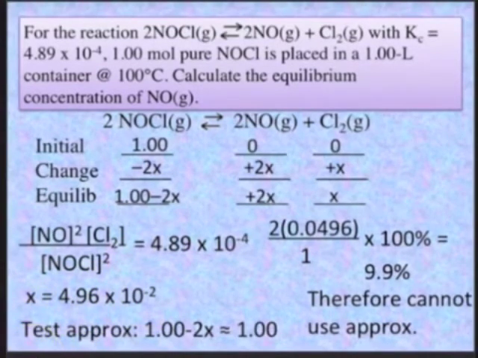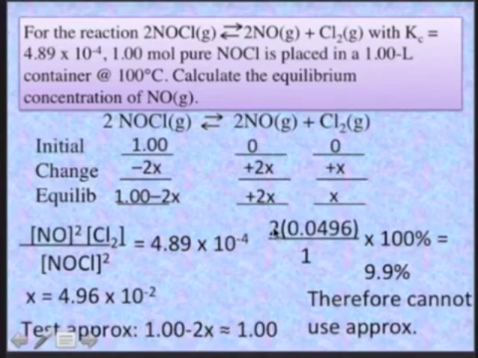To test the approximation, 1 minus 2x is approximately equal to 1. What we do is we take our approximate value of the x term that we're dropping, which is 2x, because we're subtracting 2x from 1.